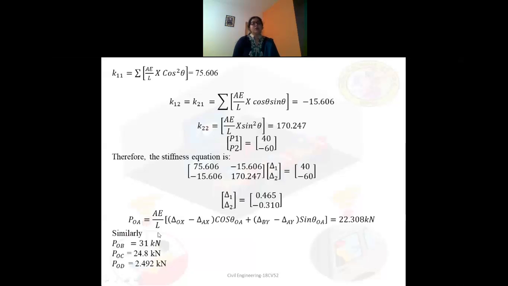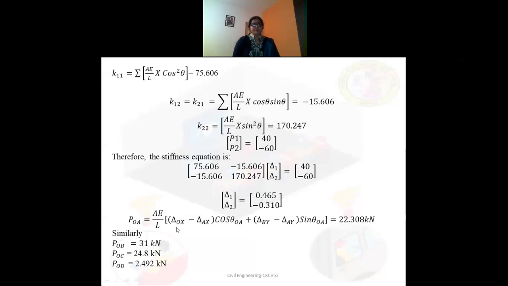So the AE by L value for OA member you have to take, then the displacement along OX and the displacement along AX, then theta for the member OA. When you substitute that, you are going to get 22.308 kilonewton.